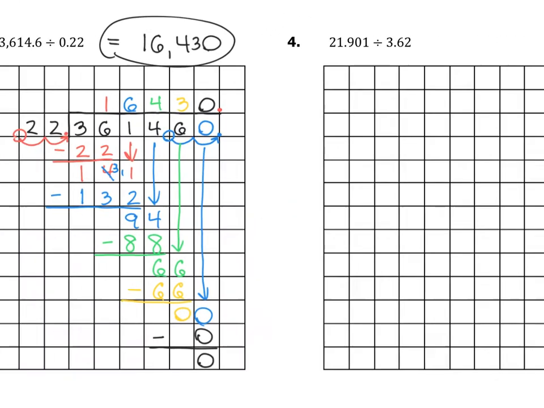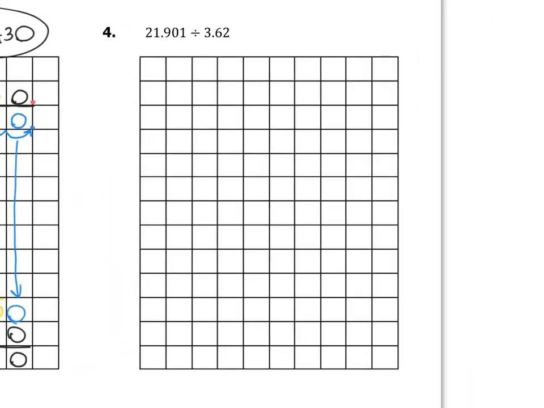Okay, the last problem, we have 21.901, and I'm dividing that by 3.62. So I'm going to write the problem just like this. I'll take 21.901, place that inside my division house, and then 3.62 goes on the outside.